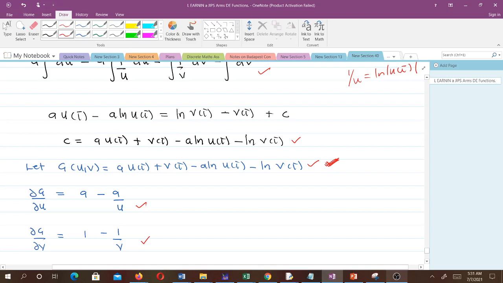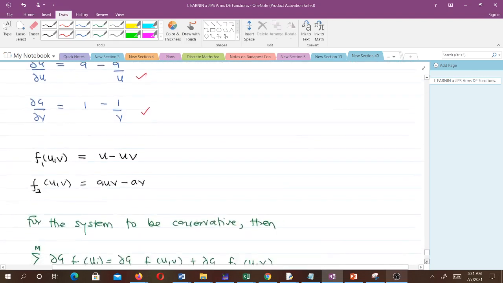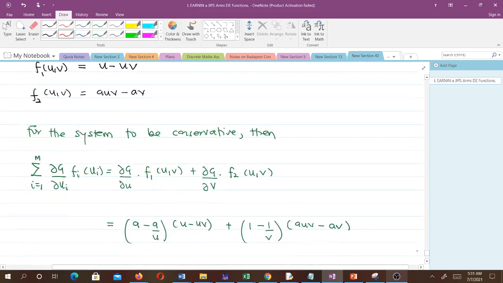But for this system to be conservative, it means that the sum over i from 1 to m of del g del ui times f_i of ui, which in our case is del g del u times f1 of u, v plus del g del v times f2 of u, v, should be equal to 0.